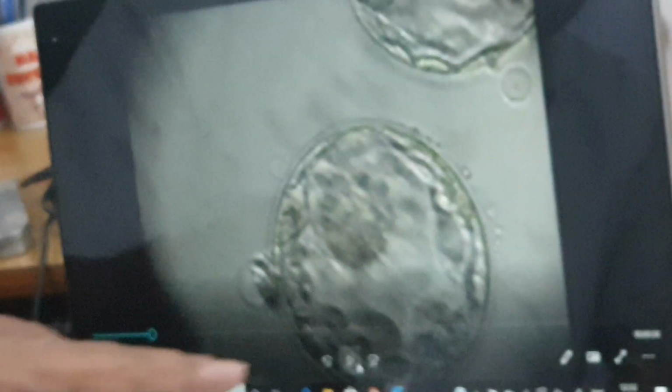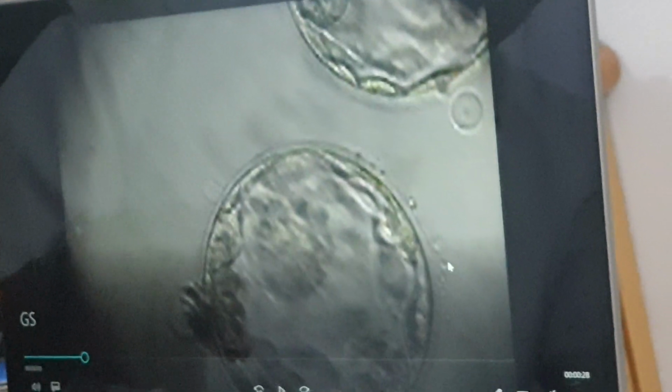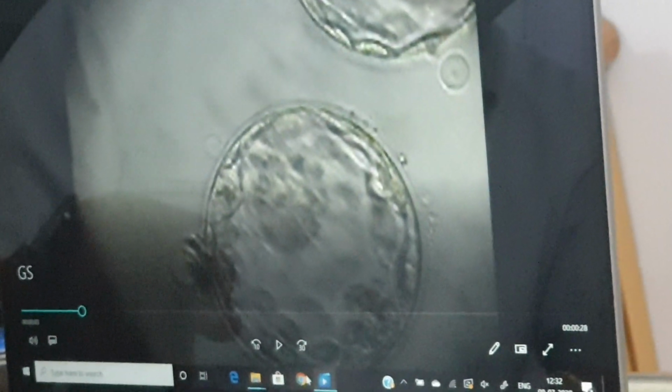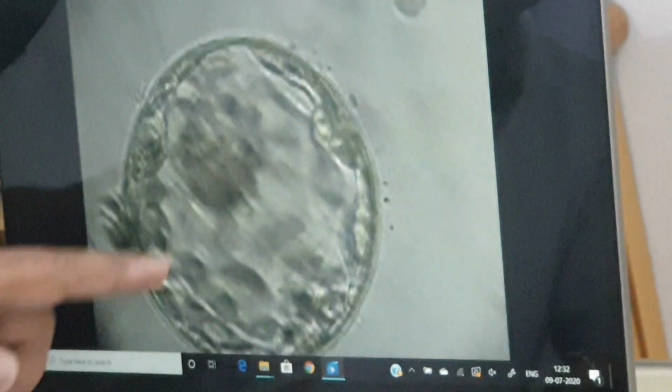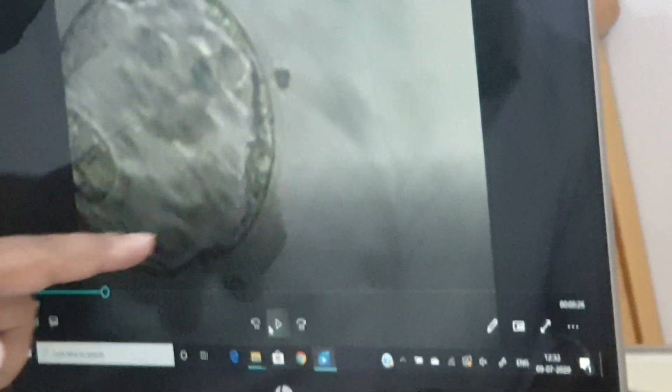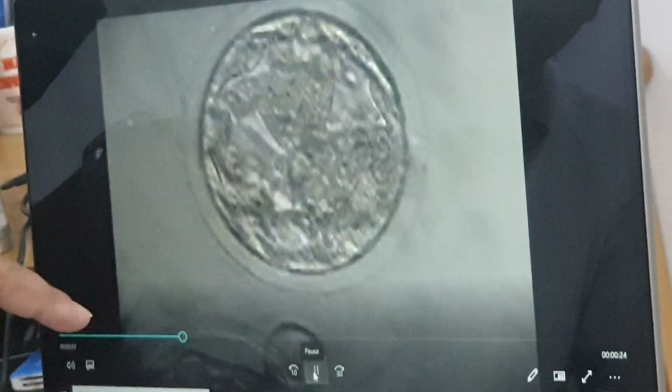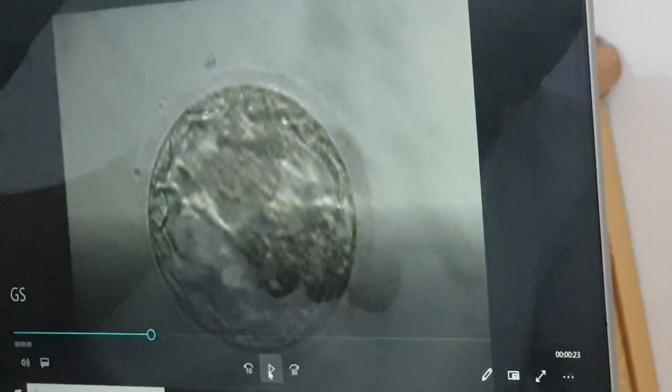If you see, there are two types of cells inside the blastocysts. So what happens actually?